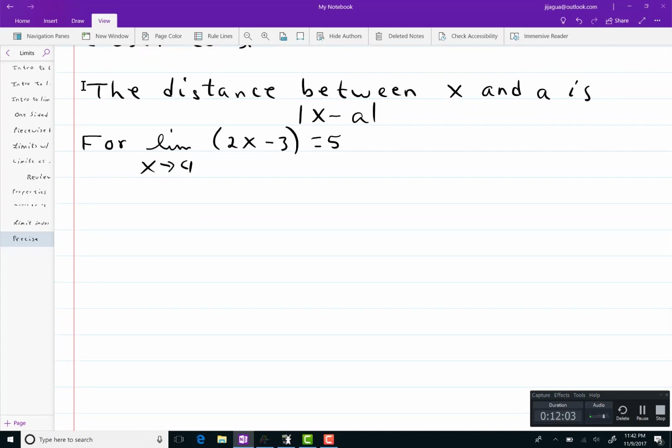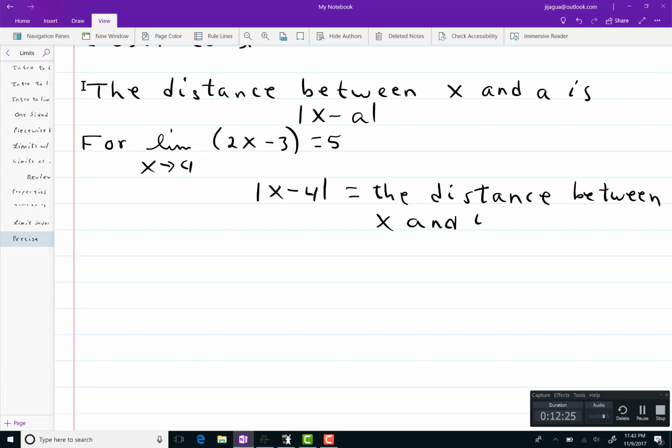The a in question is the number 4, so I'm going to consider the absolute value of x minus 4, which is the distance between x and 4.